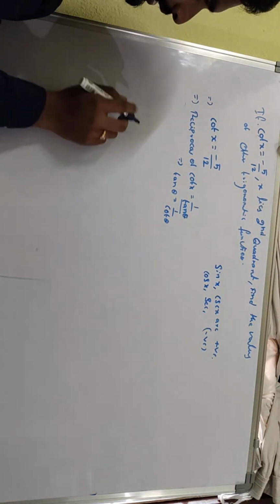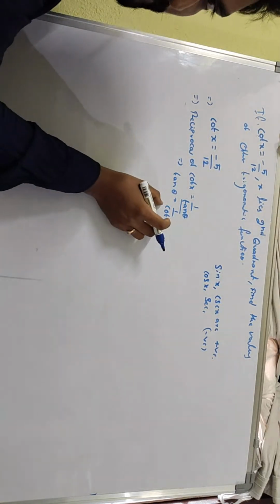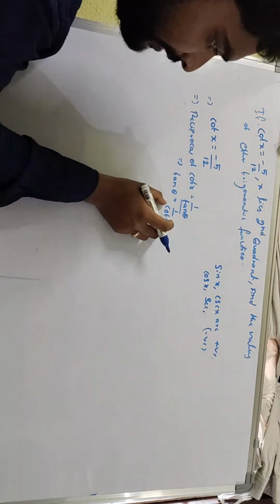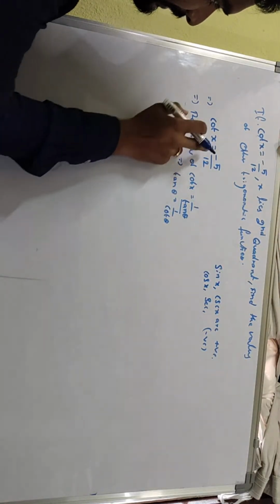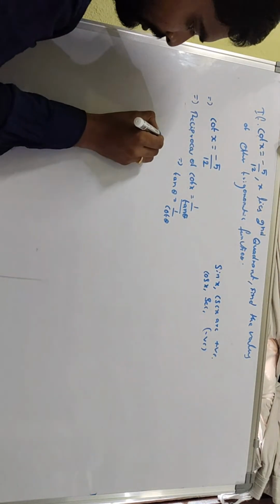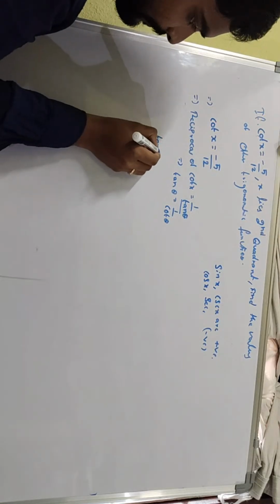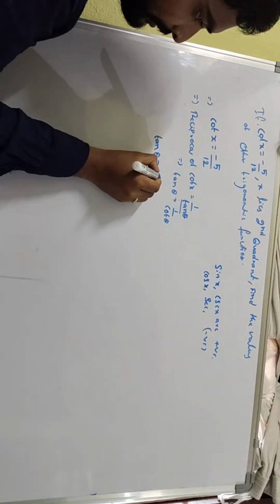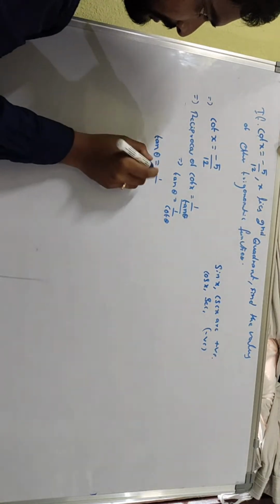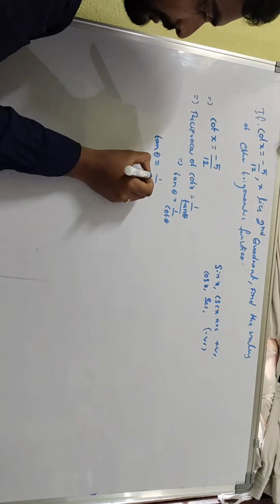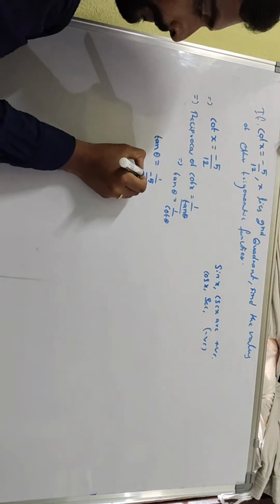Already we have the value of cot x here, minus 5 by 12.